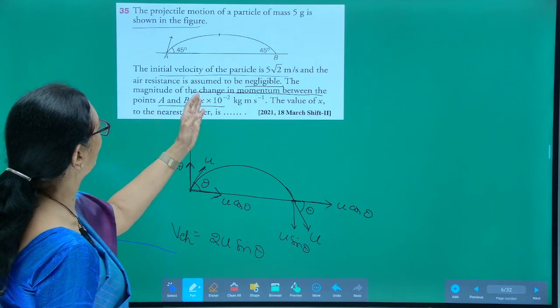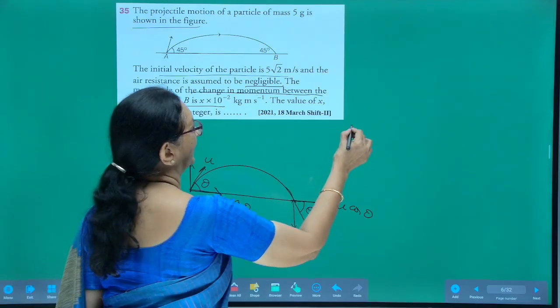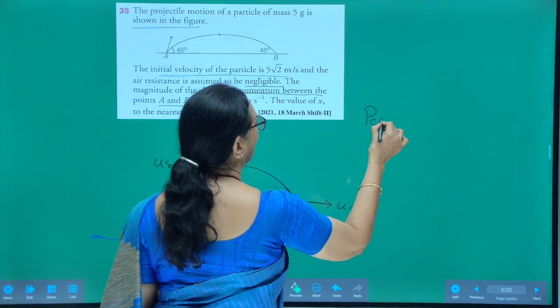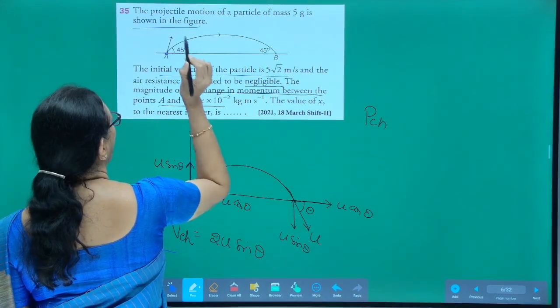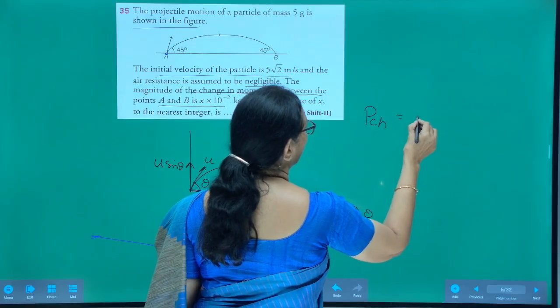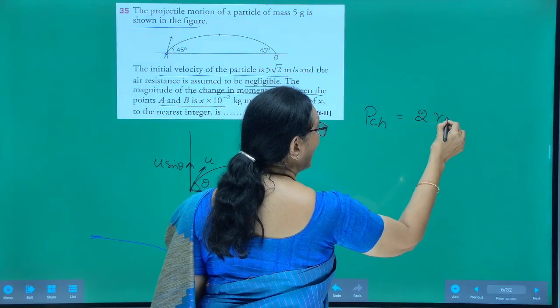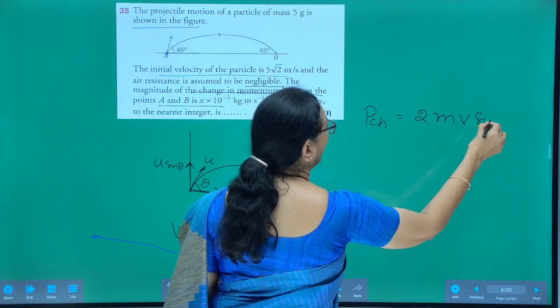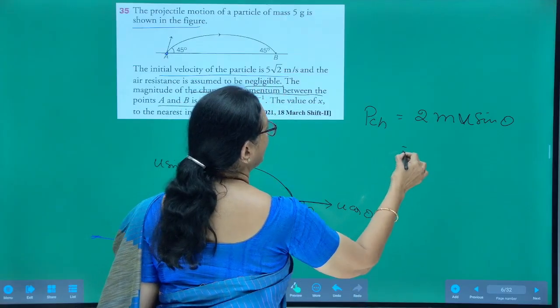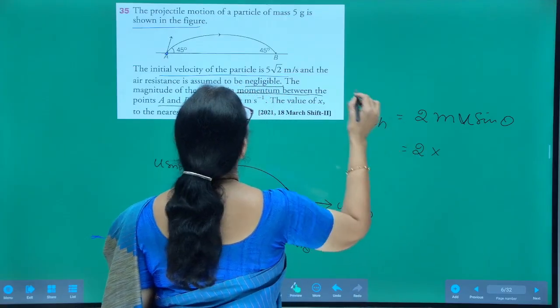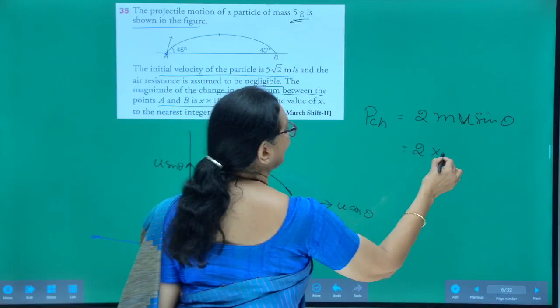You are asked to find change in momentum. So, change in momentum on reaching the point B from the point A is equal to 2mv or 2mu sin theta.